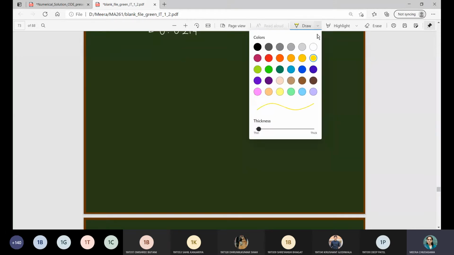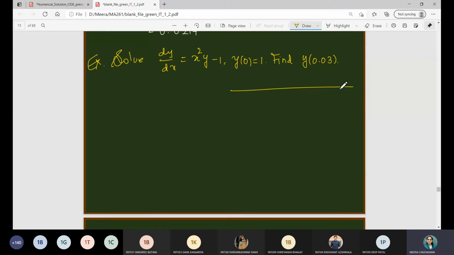Example: solve dy by dx is equal to x square y minus 1, y of 0 is 1. Find y at 0.03. So x0 we are given 0. This is y0, and you are asked to find out 0.03.